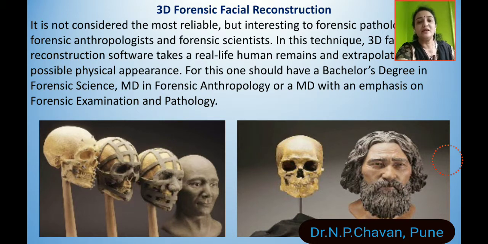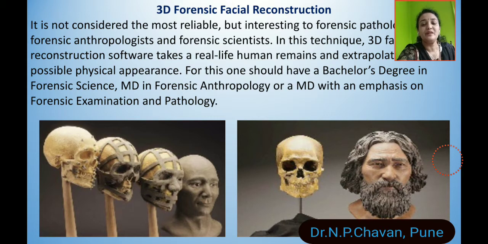So you can see here how through the skeletal the image of the person can be made. It is not considered the most reliable, but interesting for forensic pathologists, forensic anthropologists and forensic scientists. In this technique, a 3D facial reconstruction software takes real life human remains and extrapolates a possible physical appearance.